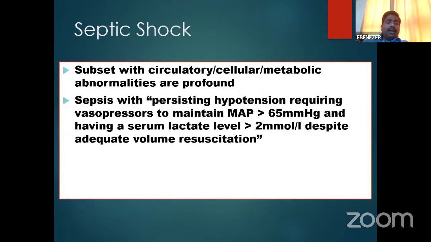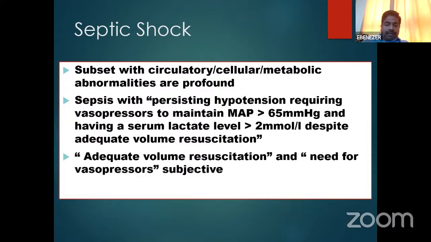Now, septic shock is persisting hypotension requiring vasopressors to maintain a mean arterial pressure of more than 65 mmHg and a serum lactate level of more than 2 millimole despite adequate volume resuscitation. The most important points here are persistent hypotension despite adequate volume resuscitation, and inability to maintain a MAP of more than 65 millimeters of mercury.